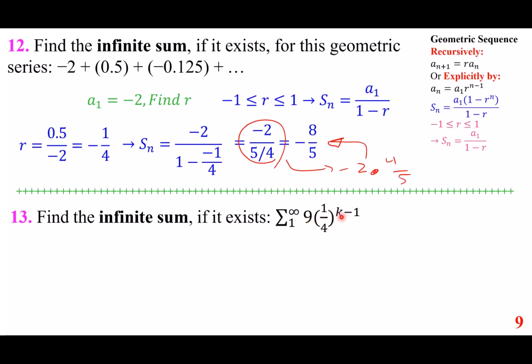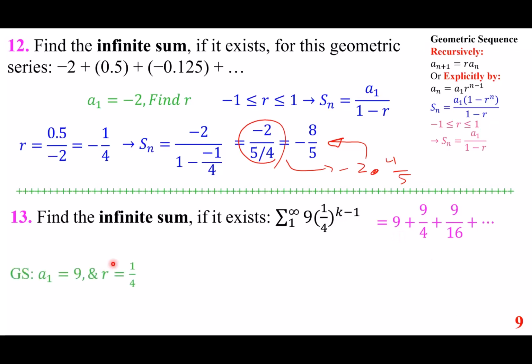If you let k be 2, the exponent becomes 1, so 9 times 1/4 is 9/4. If you let it be 3, 3 minus 1 is 2, 1/4 to the power of 2 is 1 over 16, times 9. So this is what we get, and we recognize this as a geometric sequence with the first term being 9 and R being 1/4.